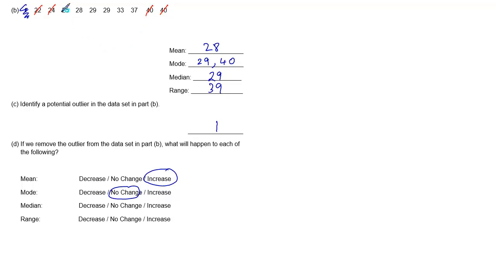So let's just take our time, even though it's easy. And then we're going to be in between the two 29s, which means the median is still 29. So in this particular case, there's no change, but you have to look at it on an individual basis. But the range is now 40 take away 22, which is 18. So the range will decrease.